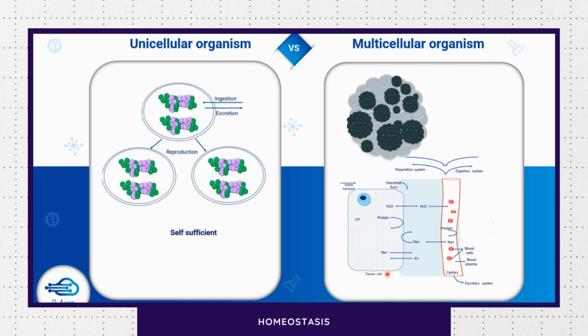So this is a cell and this is the fluid surrounding the cell, plus there are certain blood vessels. So the nutrients the cell needs, it has to take up from this interstitial fluid which is surrounding the cells, and this interstitial fluid in turn is in contact with the blood flowing in the capillaries.